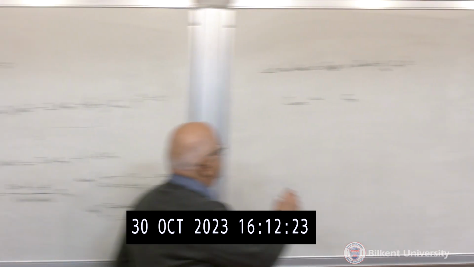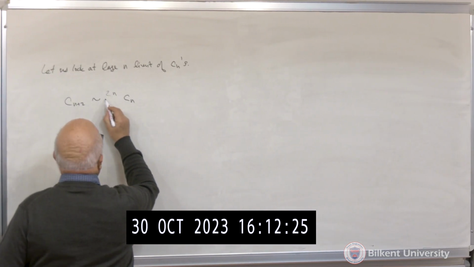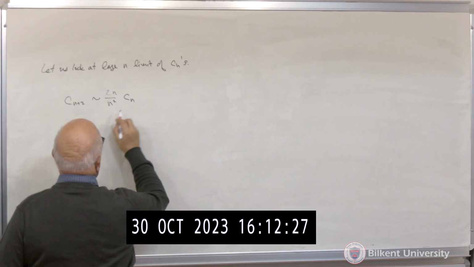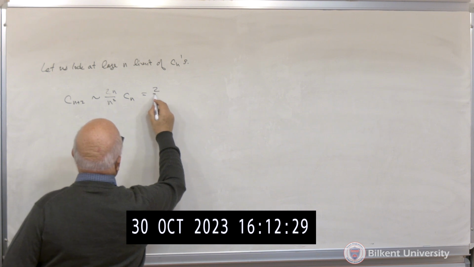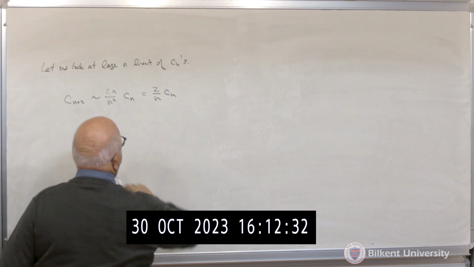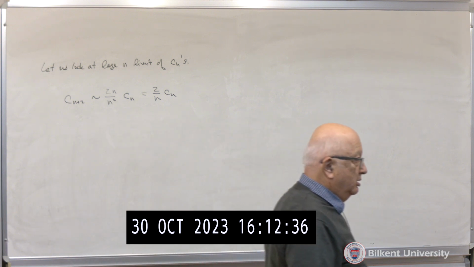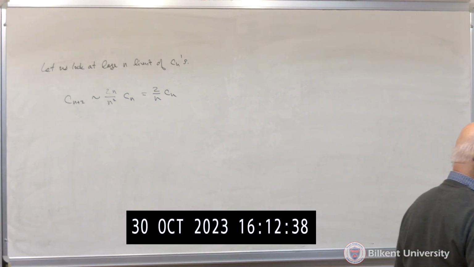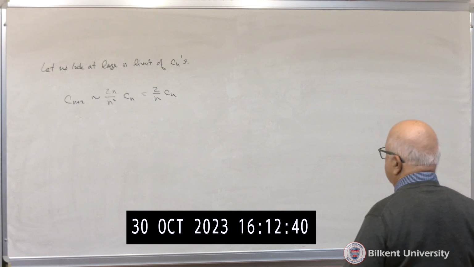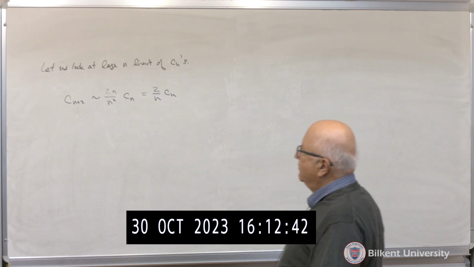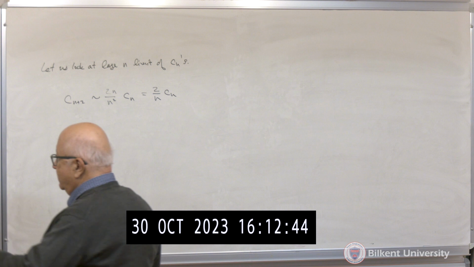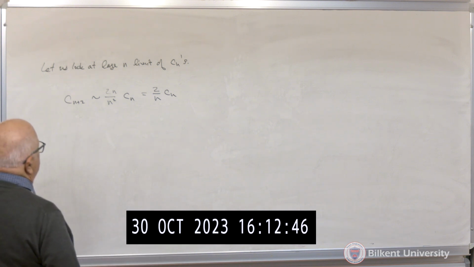So it is 2 over n Cn. So Cn is approximately C times 2 to the n over 2 over square root of n factorial. Well, okay, let's see. There's an easy check of this.